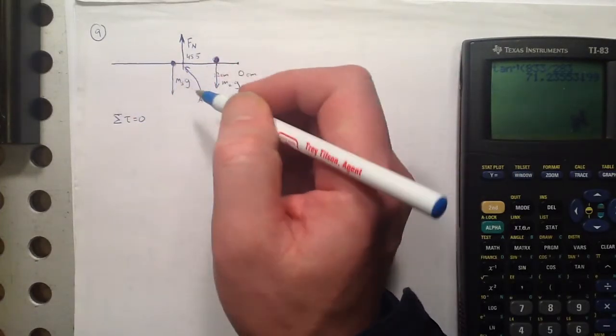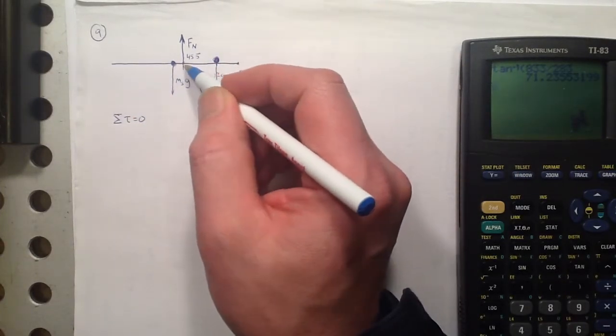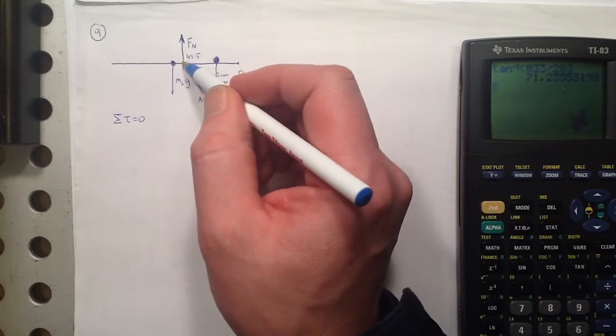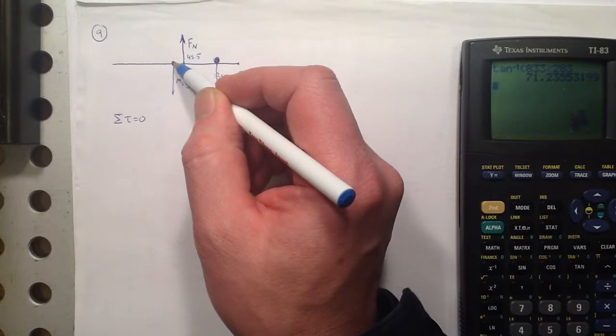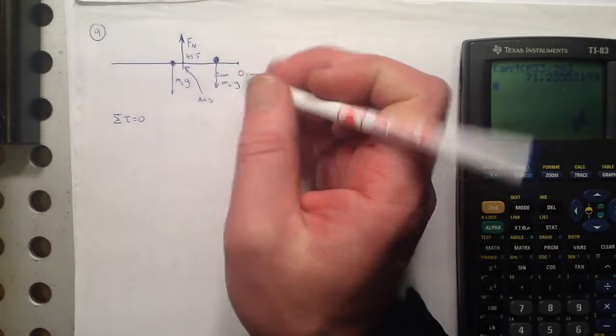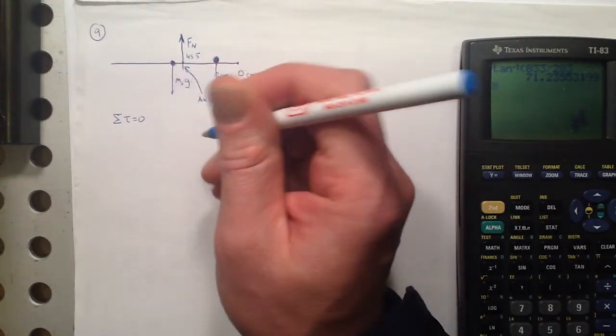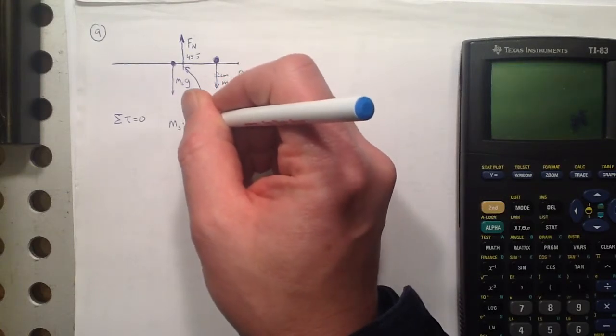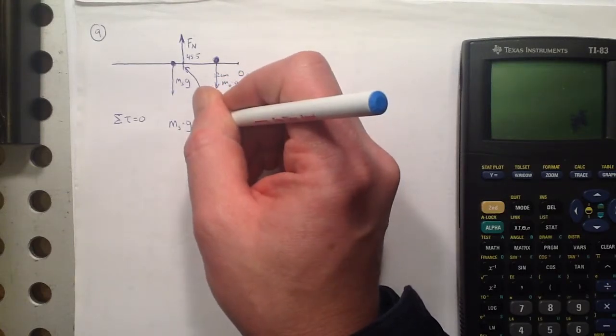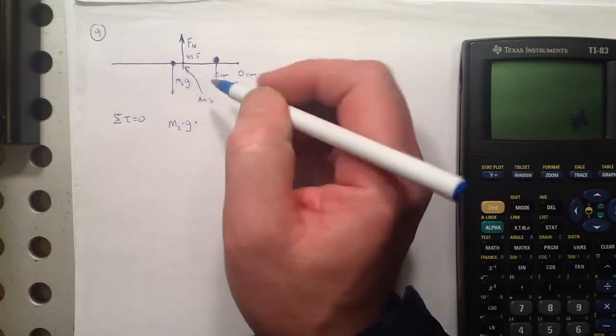I have to be careful. Remember when we report our distances, our r's, for our torques, it's the distance from axis to where that force is acting. So on this side, we have a force of mass of the meter stick times g times the r, the radius at which it's acting.